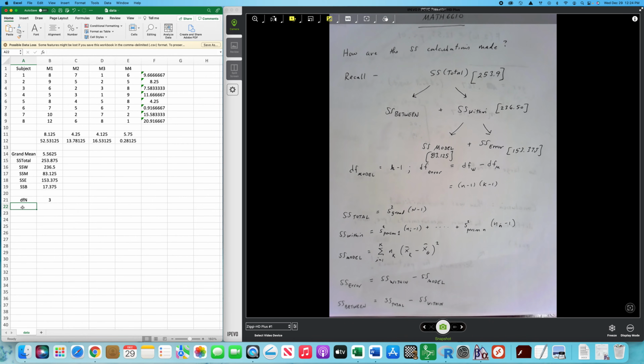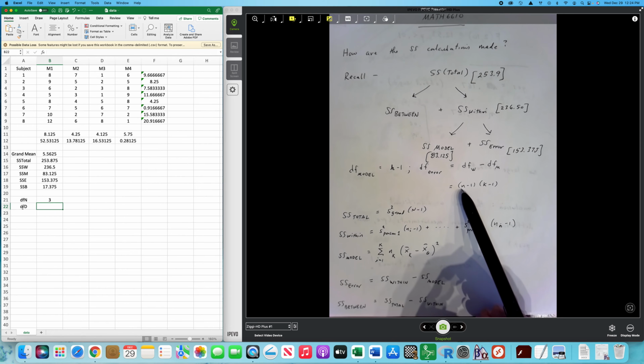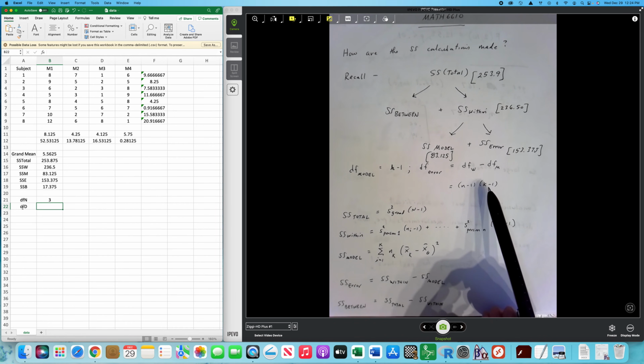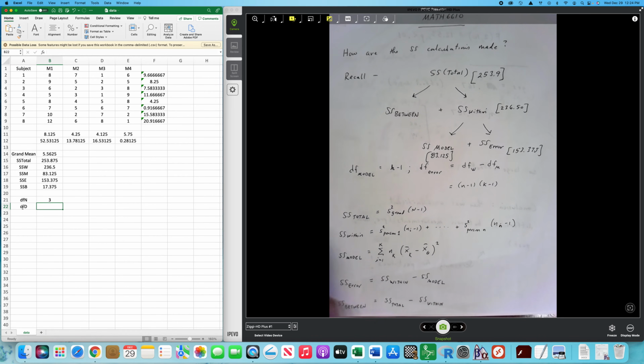And the degrees of freedom for the denominator are the number of groups in each measure. So in this case, it would be 8 minus 1, which is 7, times the number of measurements, 4, minus 1 is 3. 7 times 3 would be equal to 21.